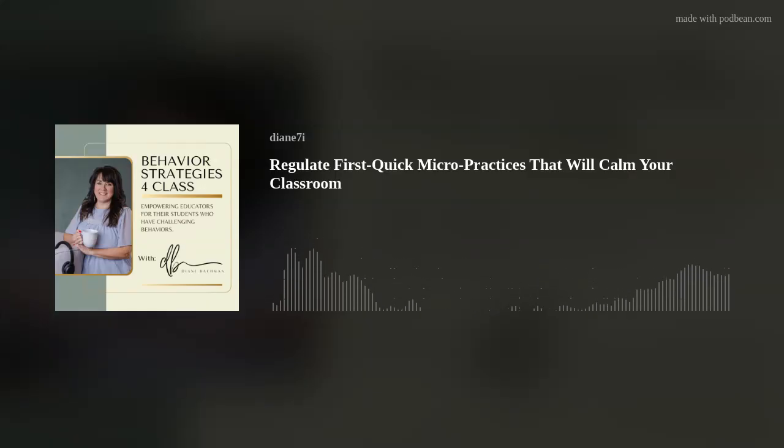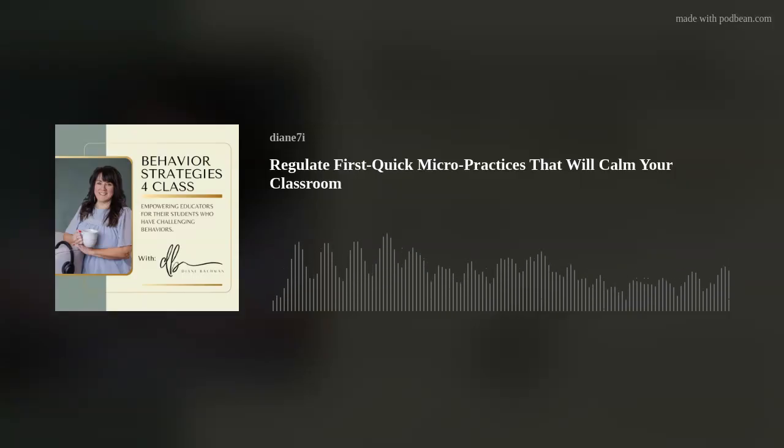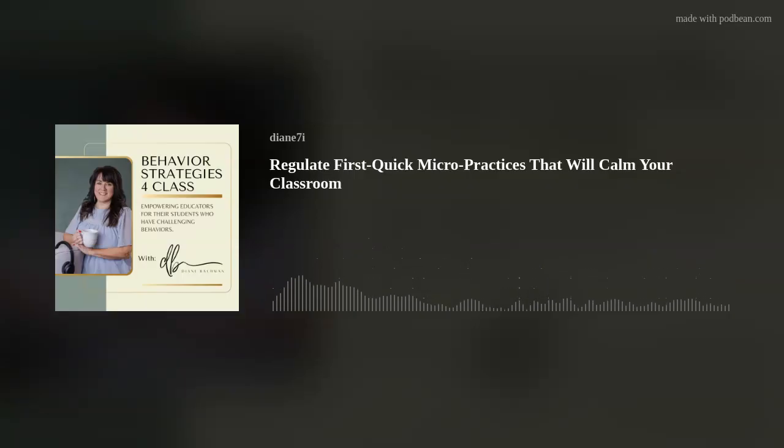Let's do the grounder. Name something you see. These are great and they will make a difference. And it truly can only take 60 seconds to change the atmosphere in your classroom. So let me know, which one are you going to try? I would love to hear from you.